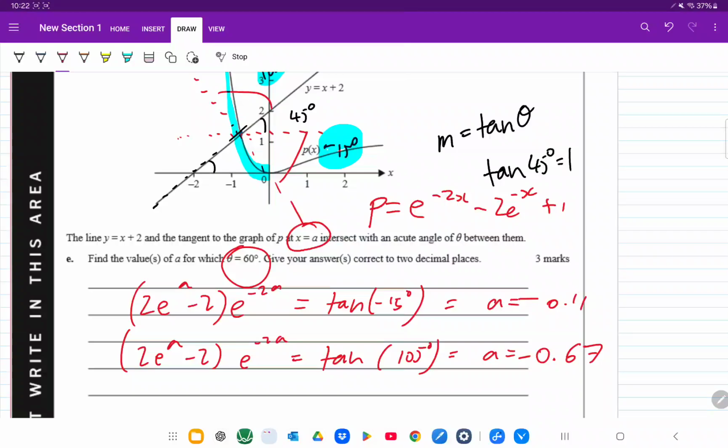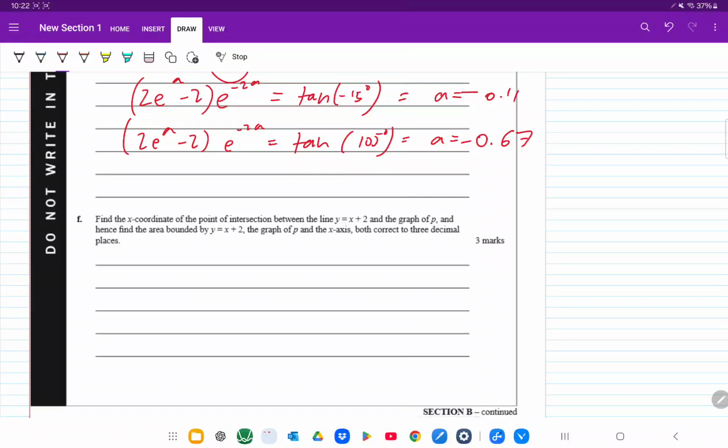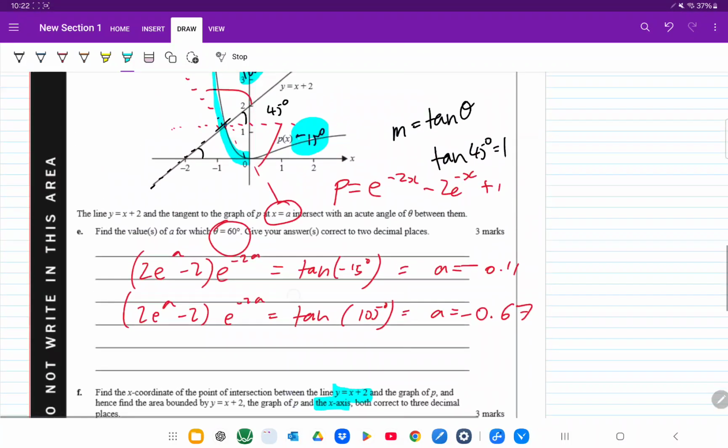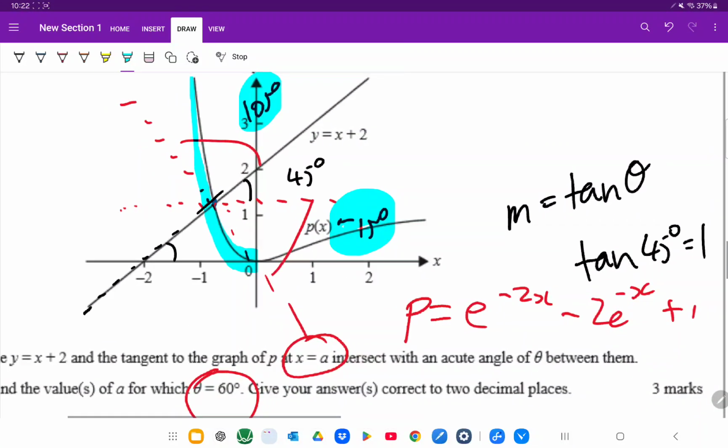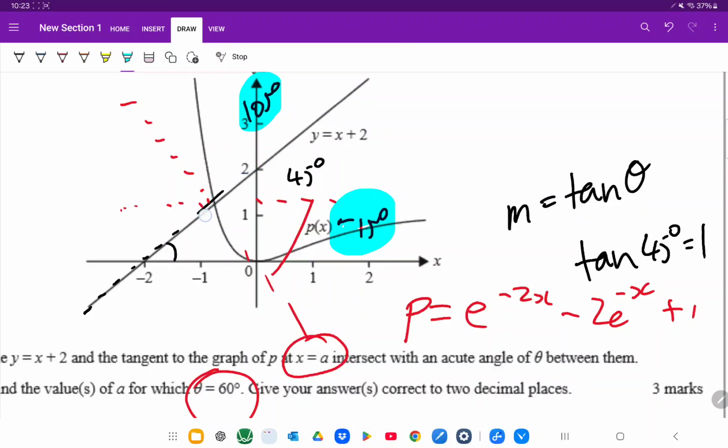All right, now the next question is saying, find the x-coordinate of the point of intersection between the lines, y is equal to x plus 2, and find the area that is bounded between the graph and also the x-axis and the graph of P. So which area are they asking for? Well, in this case, I'm just going to rub this all out.